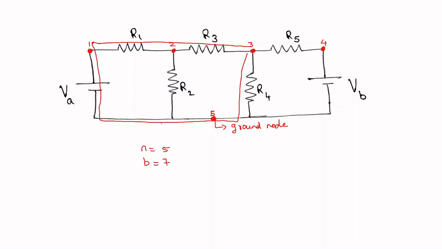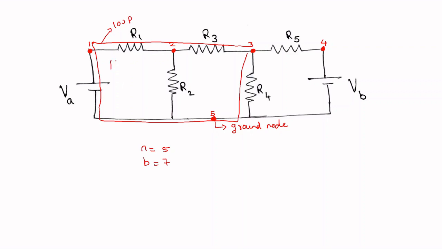So any closed path can be called a loop, whereas a mesh is also a closed path, but it will not contain any other loop within it. For example, this loop that I have drawn here cannot be called a mesh because it has two smaller loops within it.